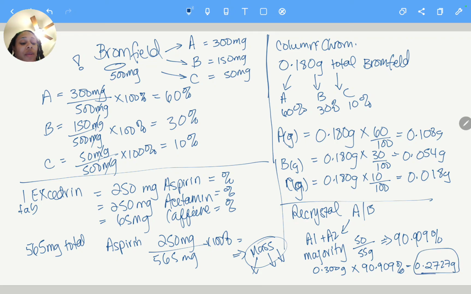So if you didn't recover about that much of your sample, that's what you actually should have recovered. What you actually recovered is whatever mass you measured out in the end divided by 0.2727 grams. Because remember, for our recrystallization lab, only 90.909% of it was actually the majority you should have got, whether it's caffeine, aspirin, or acetaminophen, and the minor should have been about 9.1% of your sample.